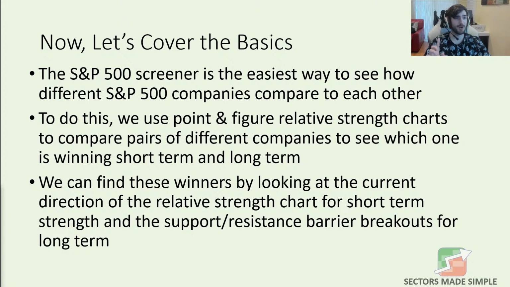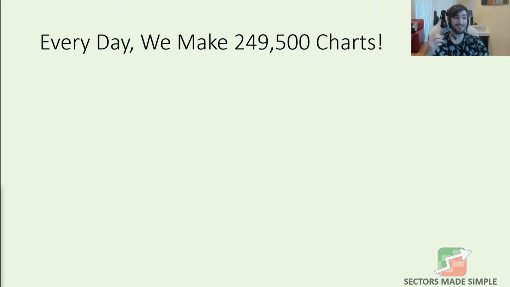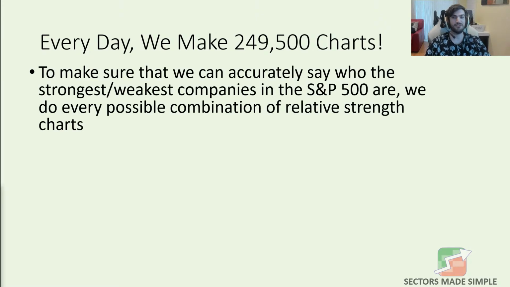Now you're starting to see why I was saying that this is territory that not many companies or investors have really explored. Because to make this, and we make this every single trading day, after every trading day, we go through and we calculate 249,500 point and figure relative strength charts so that we can accurately say who the strongest and weakest companies in the S&P 500 are by comparing them against every other company in the S&P 500.